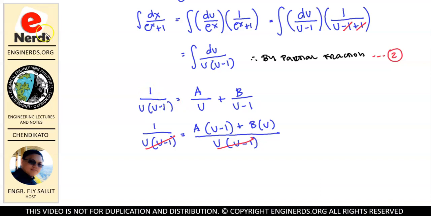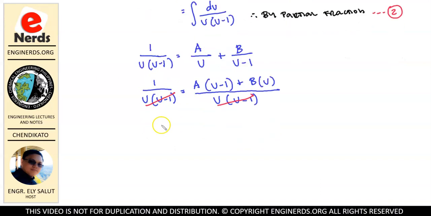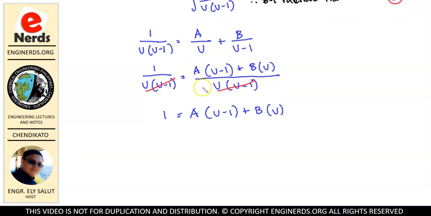Okay, so ano yung may iwan sa atin? We will have 1 is equal to a times u minus 1 plus b times u, okay? So, distribute natin itong ating a, so we will have 1 is equal to au minus a plus bu.